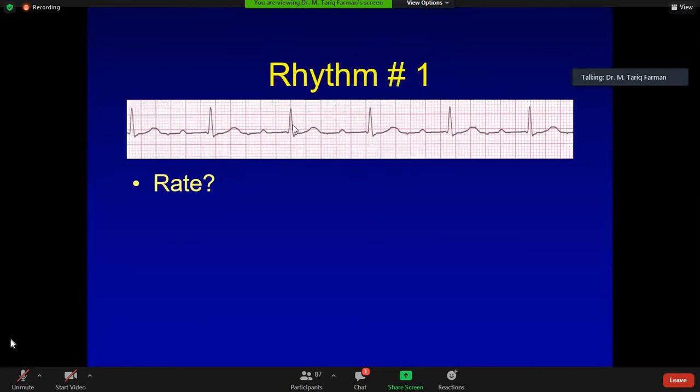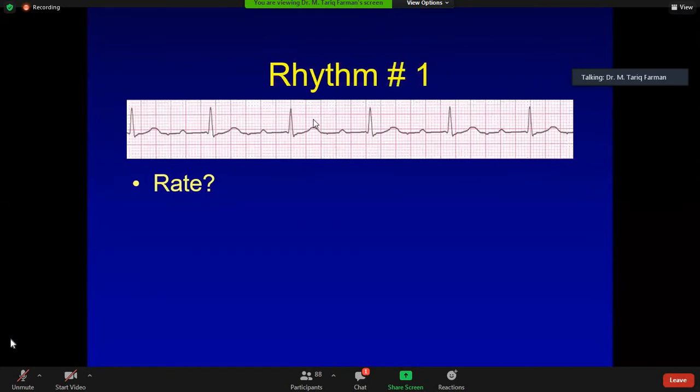So QRS complex, if it is here, and the second, for example, if it is falling over here, you will count like this, the 300. So the rate will be 300 if the second QRS complex is falling over there. And if it is falling over this second line, so 300, 150. So the rate will be 150.